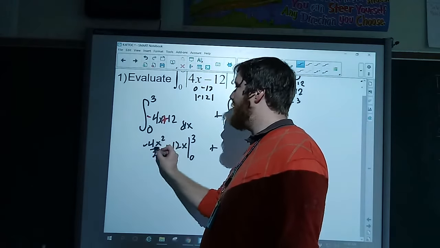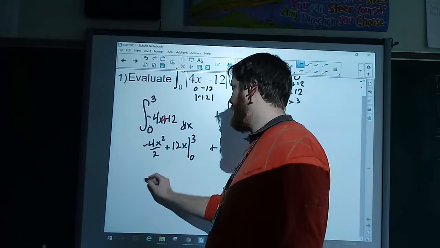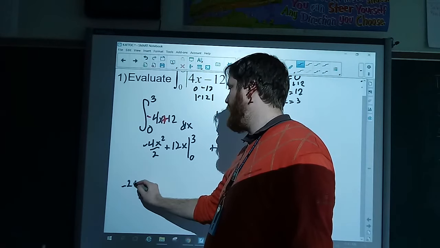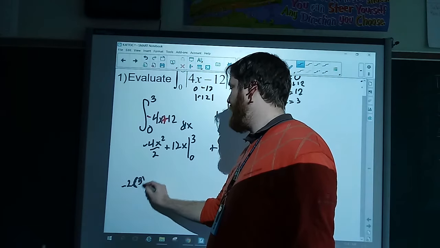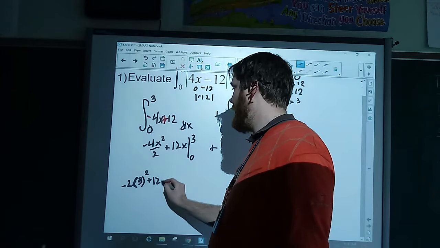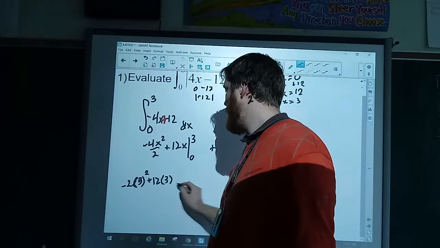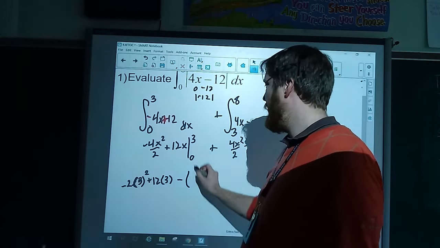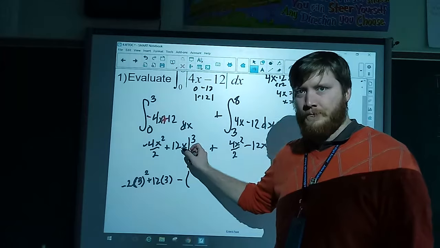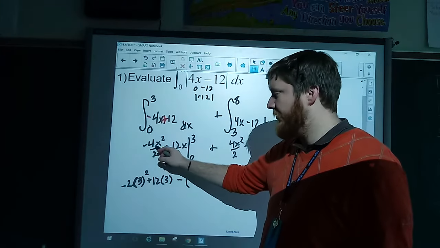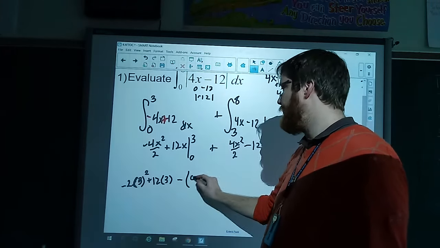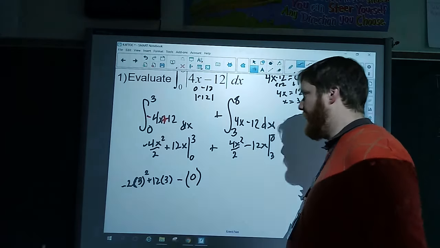So remember, this is negative 2x squared. So I'm going to say negative 2 times 3 squared plus 12 times 3 minus, wait, if I'm plugging in 0 here, 0 times that, 0. That's our first integral.